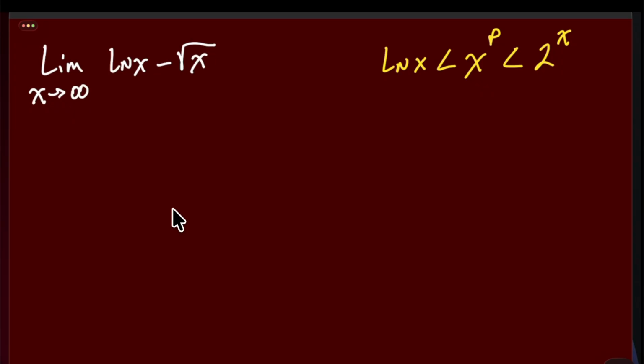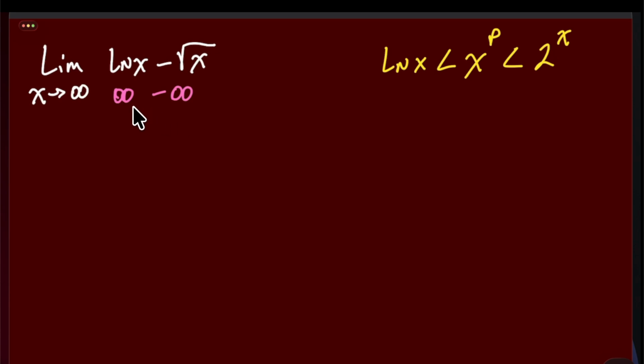Next, we have the limit as x approaches infinity of ln of x minus the square root of x. So here, we're going to have an infinity minus infinity situation. Now, I've seen sometimes where you're not allowed to use intuition in this scenario, and other times that you can.